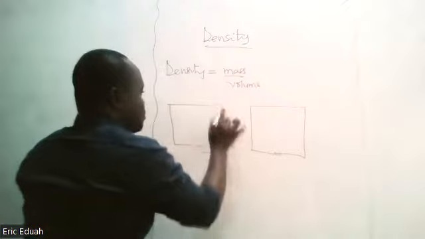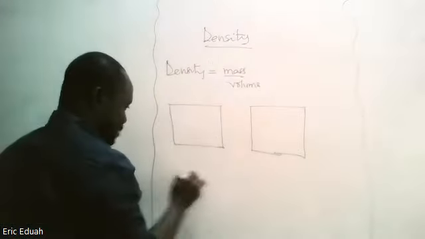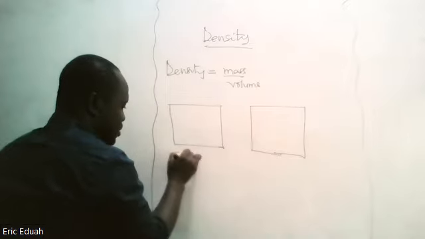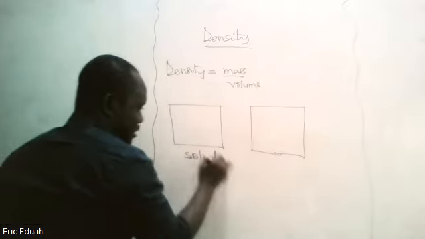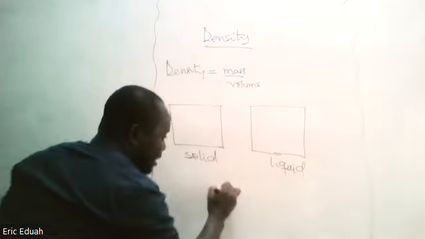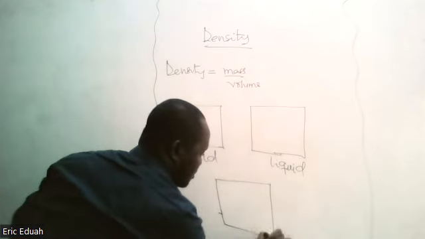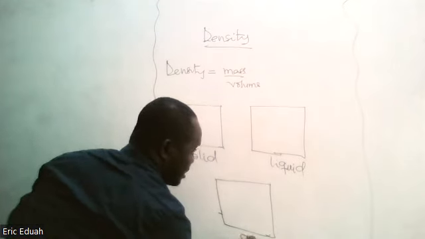So let's assume we have these three boxes. This represents solid, liquid, and then another box representing gas.